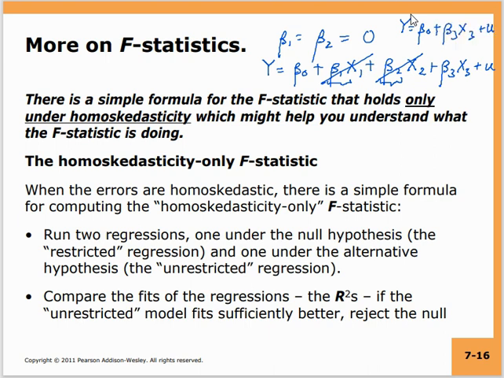So this is the model under the null. So this is known as the restricted regression. And the unrestricted regression, the alternate regression, is your complete model, which is y equals beta 0 plus beta 1 x1 plus beta 2 x2 plus beta 3 x3 plus u. Okay, so that is your unrestricted regression.